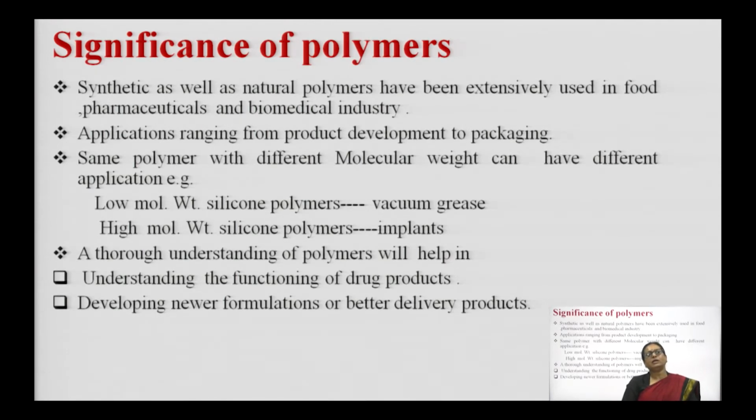A thorough understanding of these polymers will help us not only in understanding the functionality of the drug products properly, but it will help us in developing newer formulations or better delivery products, because polymer is a key player in controlled drug delivery. Apart from the drug, polymer is very important because it is the polymer characteristics that will determine the drug release characteristics of the formulation.